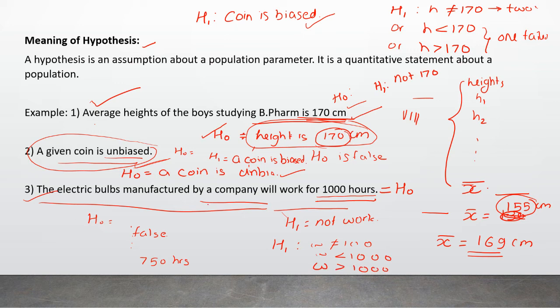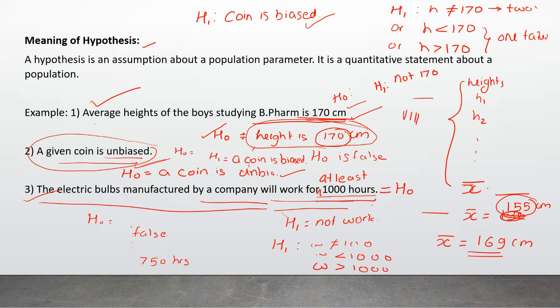But if my statement is that the electric bulb manufactured by a company will work for at least 1000 hours, then things will change. At least 1000 hours means my H naught is that the bulb will work for at least 1000 hours.